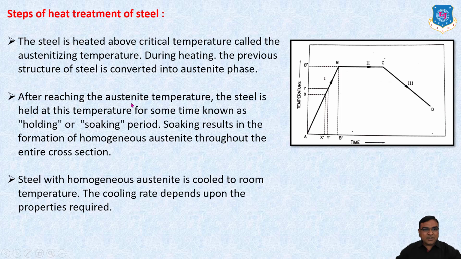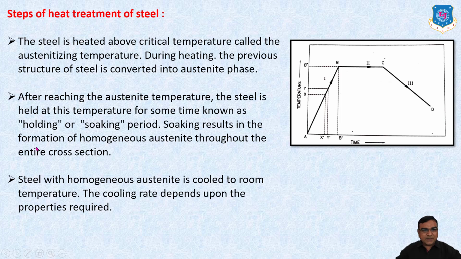After reaching the austenite temperature, the steel is held at this temperature for some time, known as the holding or soaking period. From B to C is the soaking time at a constant temperature.